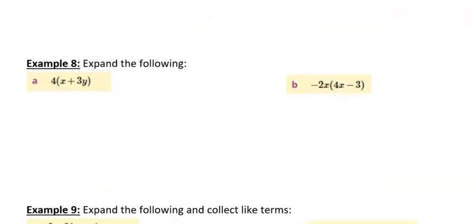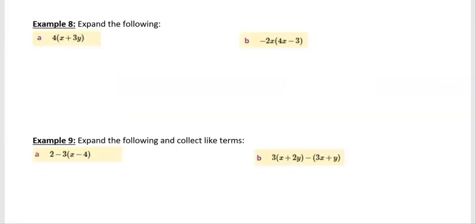Now we throw some pronumerals in. Some extra ones: 4 times x is 4x, plus 4 times 3y, which is the same as saying 4 times 3 times y. So we can just do 4 times 3 is 12 times y right next to it, and we're done. For this one, we want to be careful of our negatives.